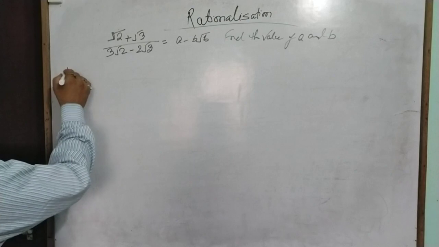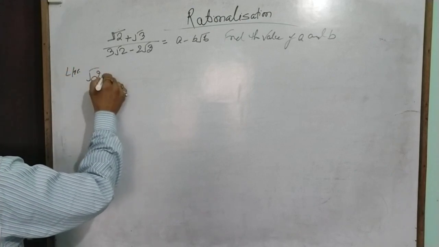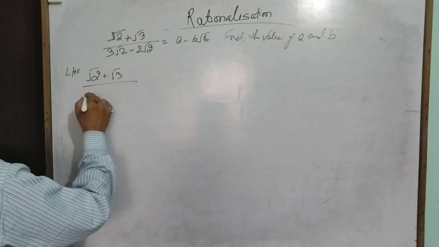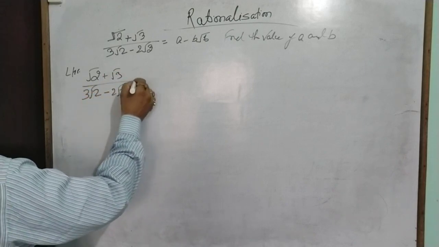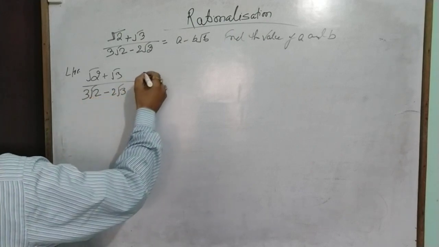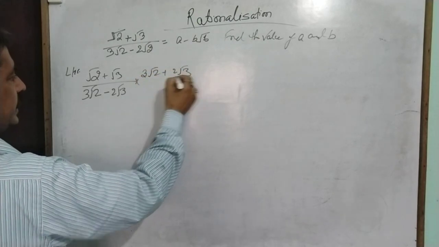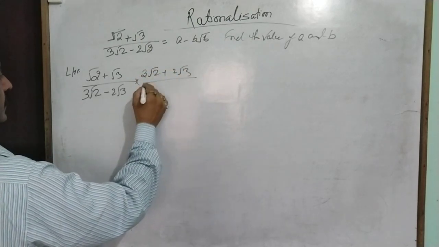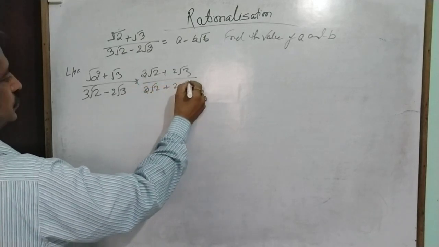So again we take the rationalization of the LHS. √2 + √3 divided by 3√2 − 2√3. So we multiply by 3√2 + 2√3 divided by 3√2 + 2√3.